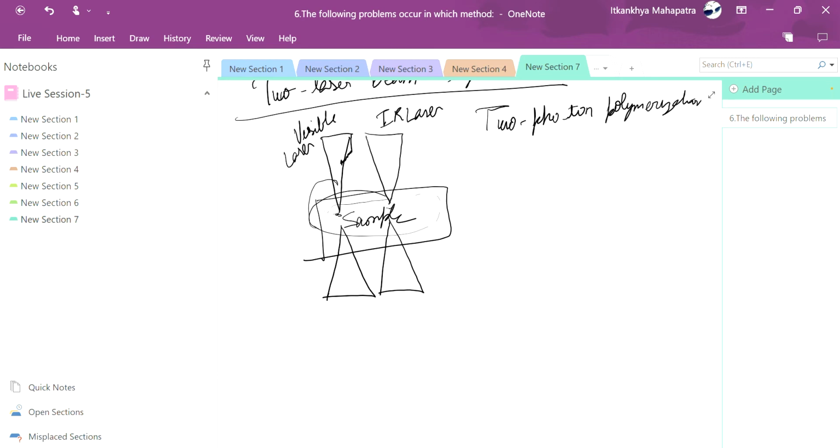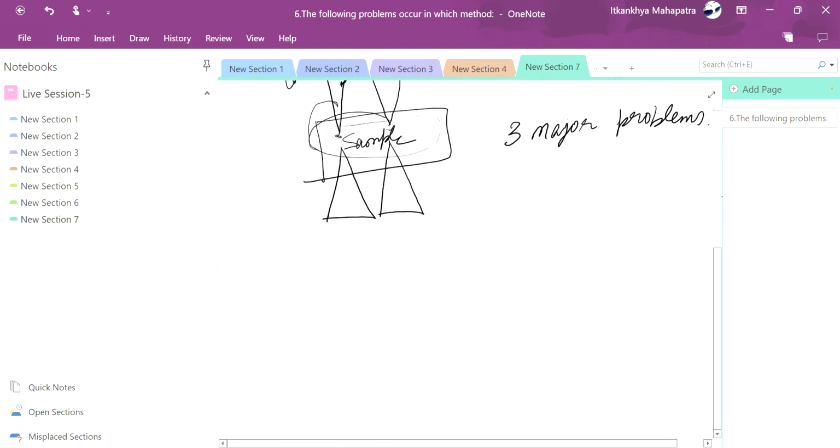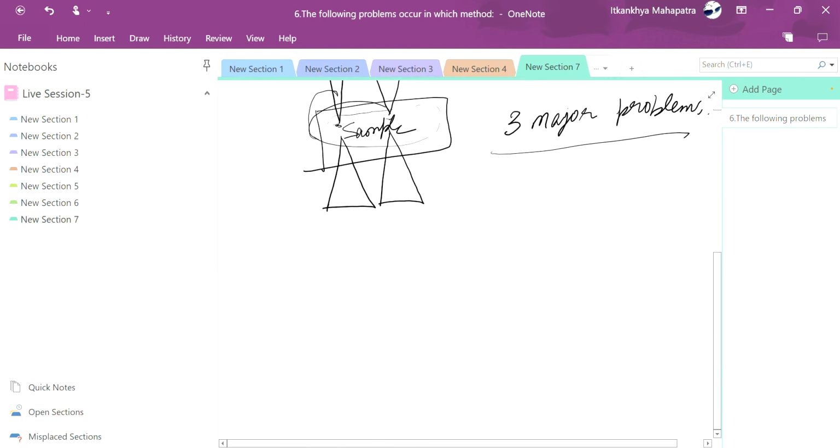So there are three major problems associated with the two laser beam process. First, it is difficult, as each laser beam undergoes numerous refraction.